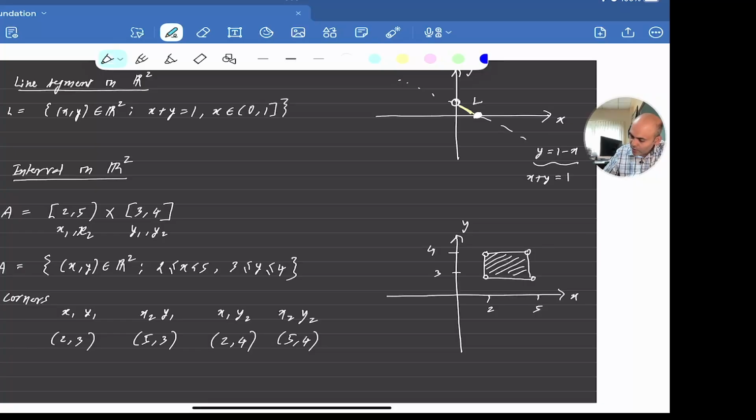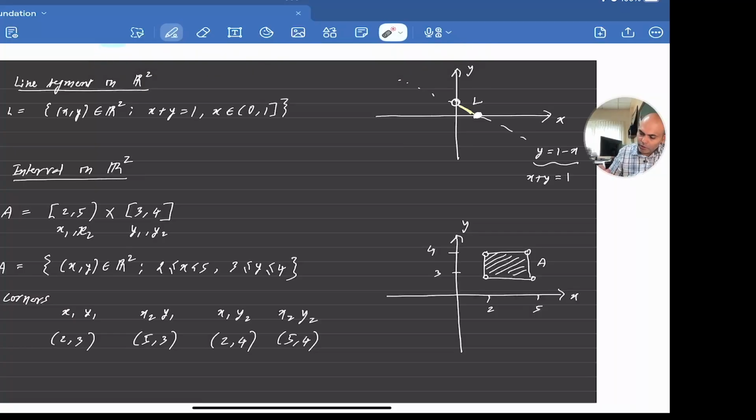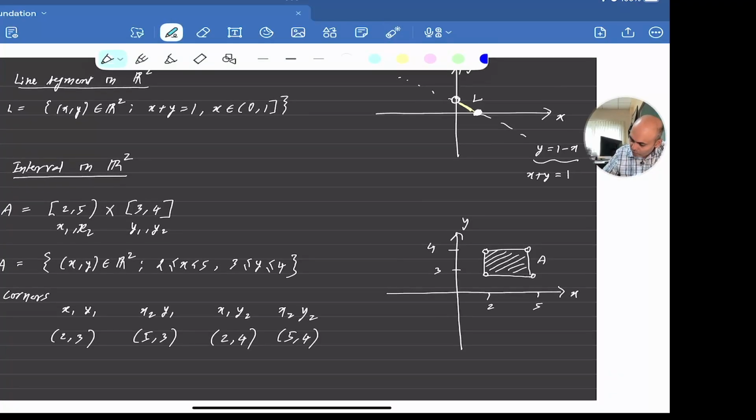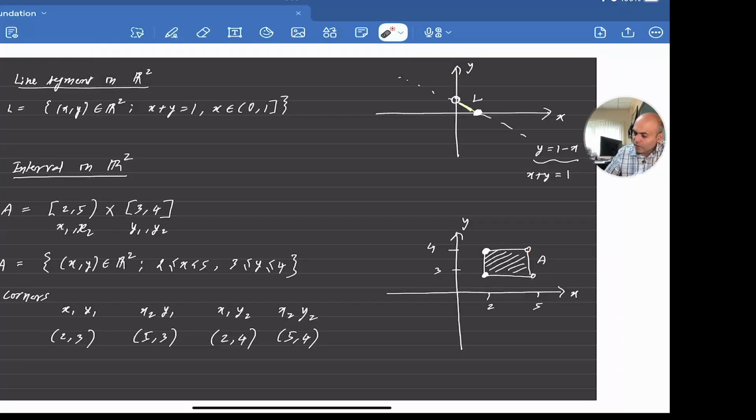So this is the area defined by the interval, and as you can see on the y-axis the intervals are included, it's a closed interval. On the x-axis 2 is included. So in our diagram these 2 points are included while these 2 points are excluded from our interval.